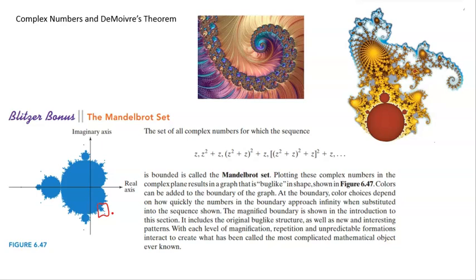It says, with each level of magnification, repetition and unpredictable formations interact to create what has been called the most complicated mathematical object ever known. So if you ever just Google Mandelbrot set, you'll see some of the most interesting pictures. I was a big fan of the one that I put at the beginning. So that's a use of these complex numbers, probably not a use that you would think about, it comes in handy, but it really makes some cool images.